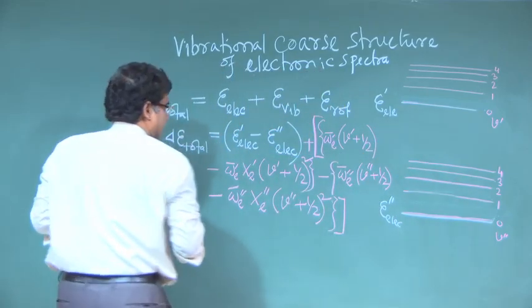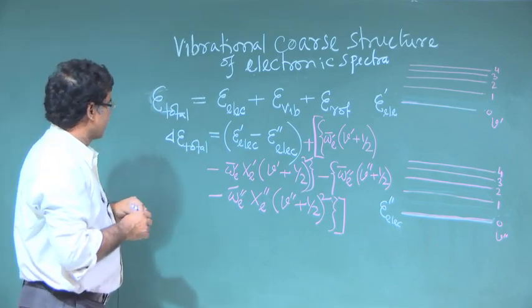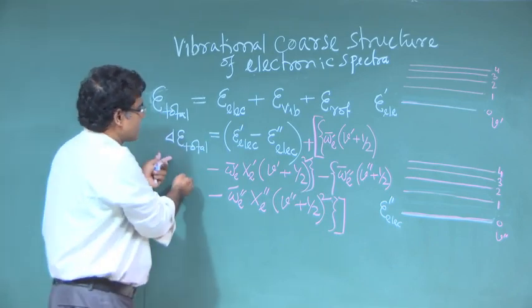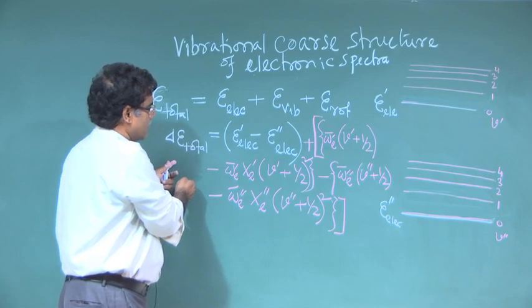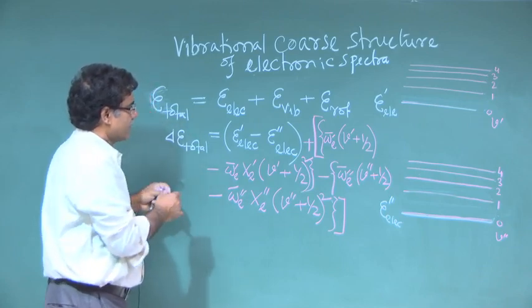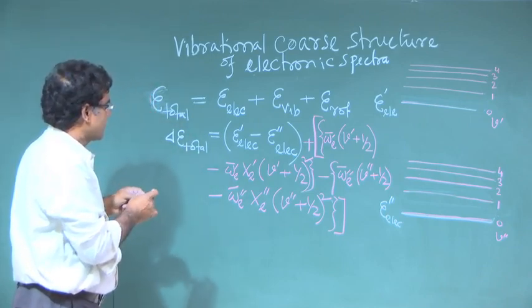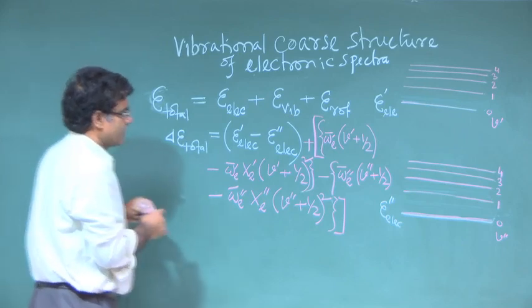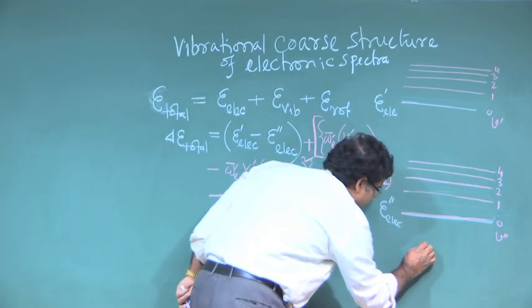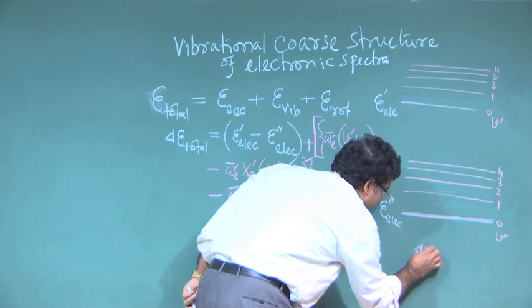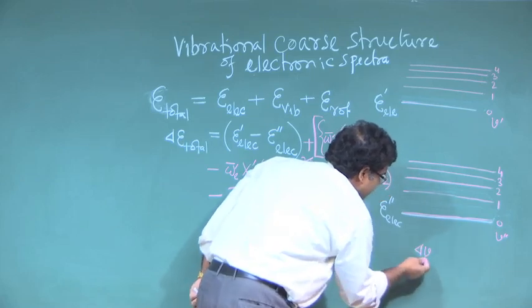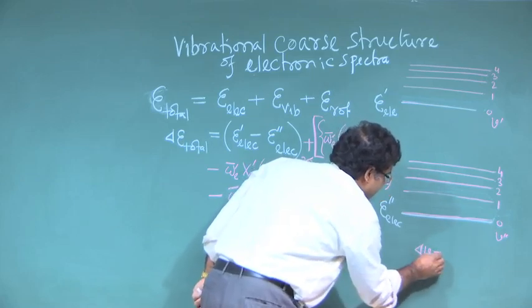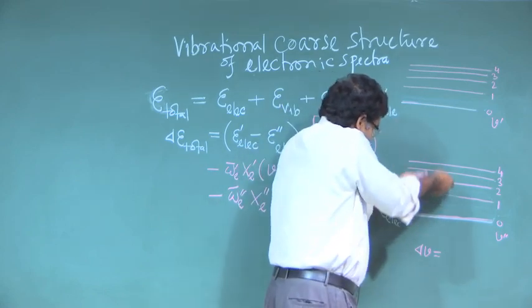And this rotational part we have neglected for this case, and you can tell the energy of the spectral lines. If we consider the selection rule, del V, this change is not in the same electronic state.